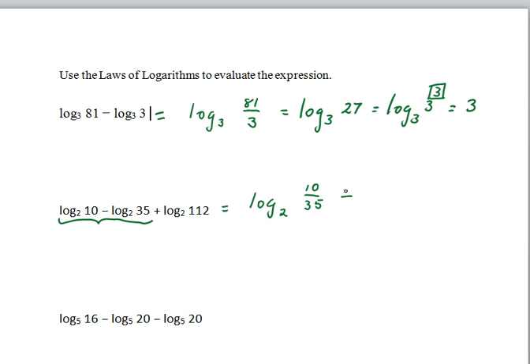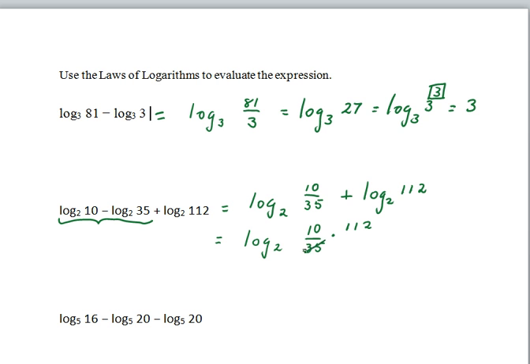Then we will have plus log base 2 of 112. Now we're going to write the sum of the logs base 2 as the log base 2 of the products, or the product of those arguments.